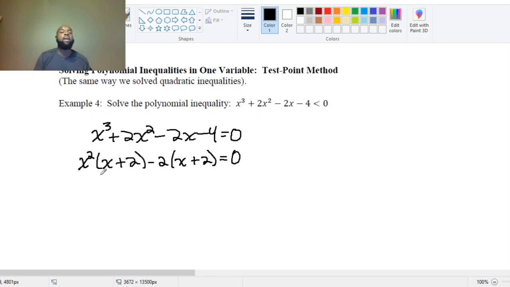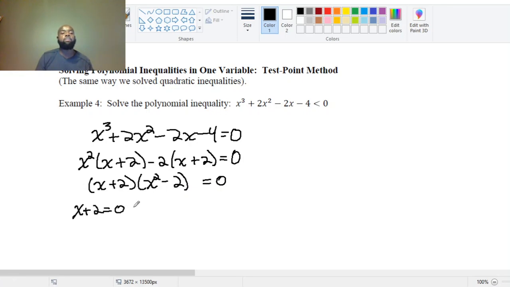I'm not going to do that because this one can be factored, and if I can factor, then I'm going to factor, because sometimes it's less work. So I factor that in this manner here. I set each of my factors equal to 0 and solve for x.